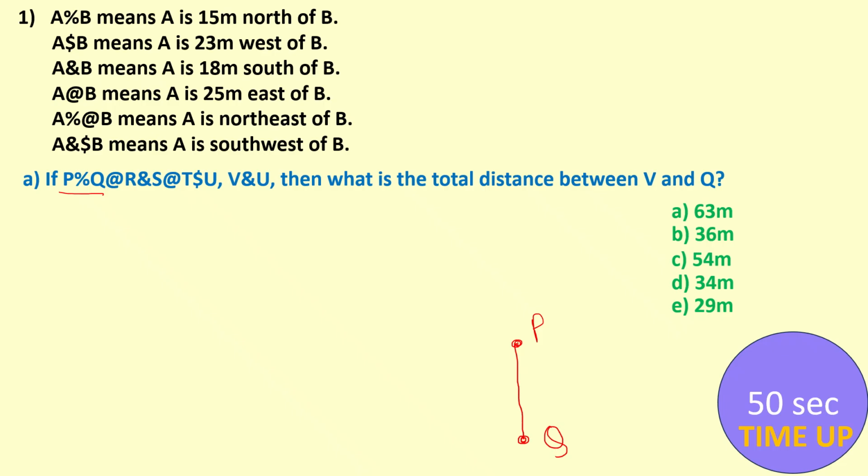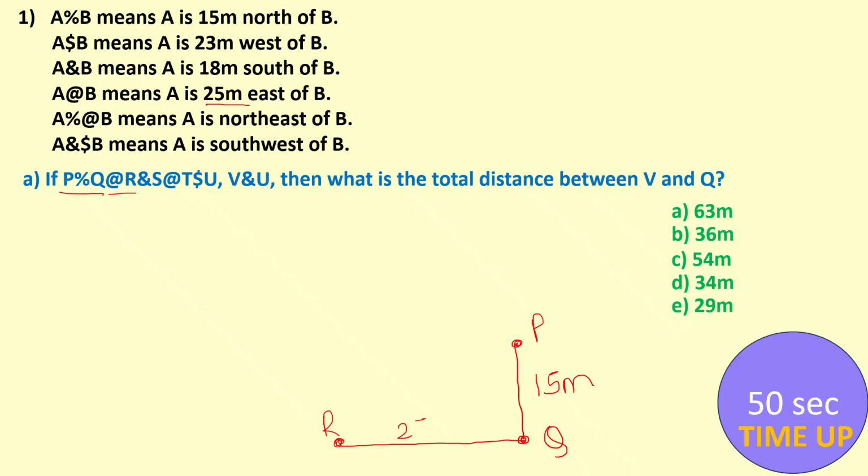And how many meters they have said? 15 meters. Next, Q at R means Q is east of R, correct? Q is east of R means R should be placed here. If you place R here, then only Q will be in the east of R. That is by 25 meters.